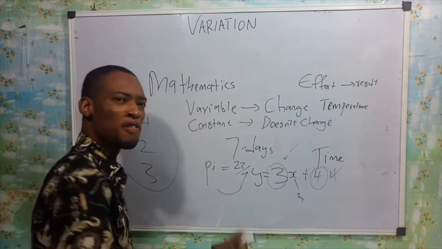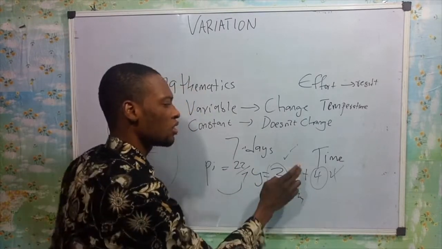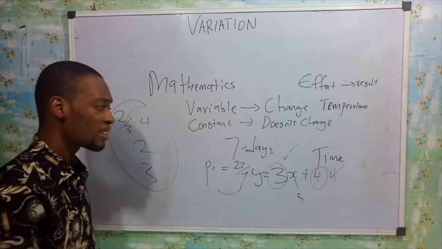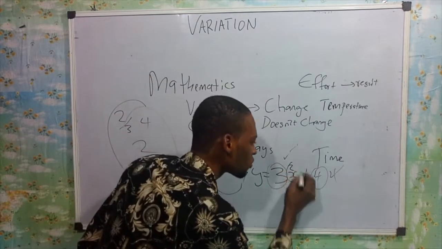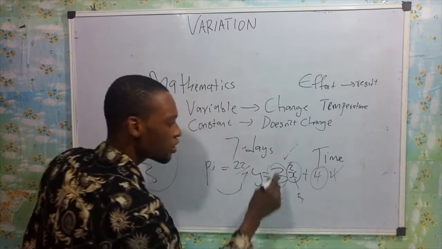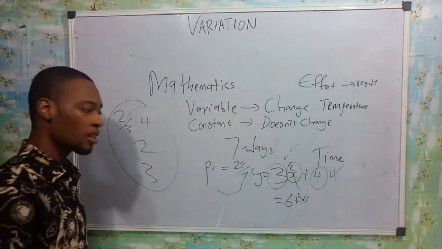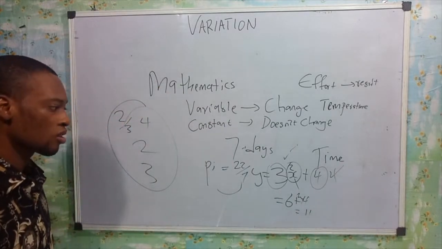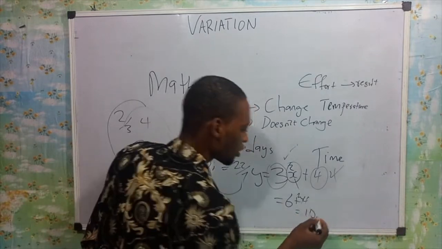So the value of y depends on the value s takes. If I should say, all right, take s as 2. If this is 2, y becomes 3 times 2, 6 plus 4, which is 10.